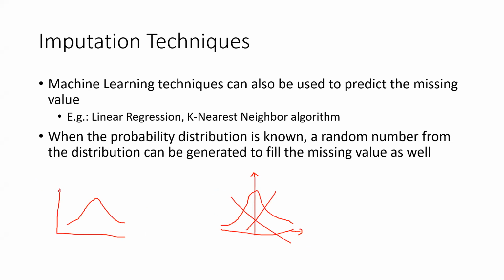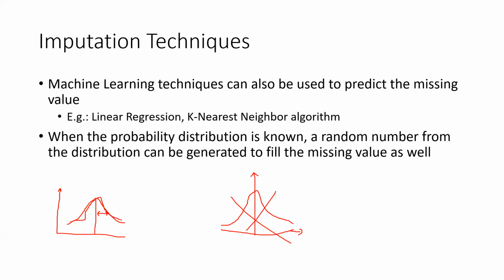And once you know the mean and standard deviation, you can generate some new values for the height. That means you can randomly generate certain values for the height using this as a probability distribution.